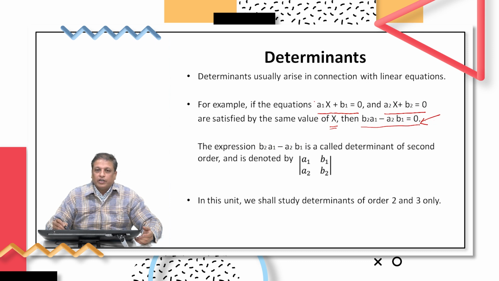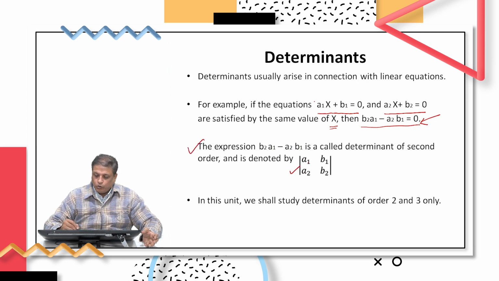In order to solve a determinant, we multiply the terms across the diagonals of the determinant. Likewise, here, we have A1, B1, A2, B2.